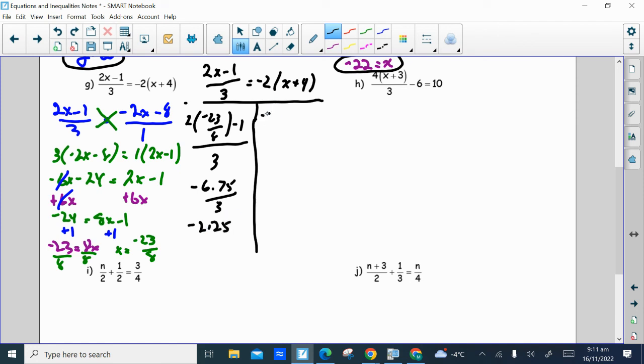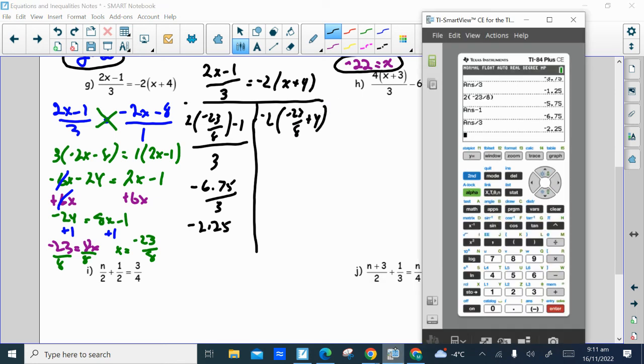So now on the right side, negative 2 bracket, and it's negative 23 over 8 plus 4. So in brackets, I'm going to go negative 23 divided by 8, just to keep that fraction together, plus 4. It'll be negative 2 times 1.125.